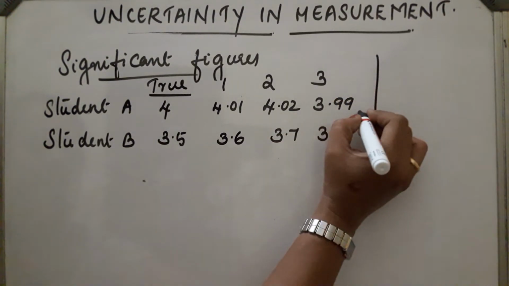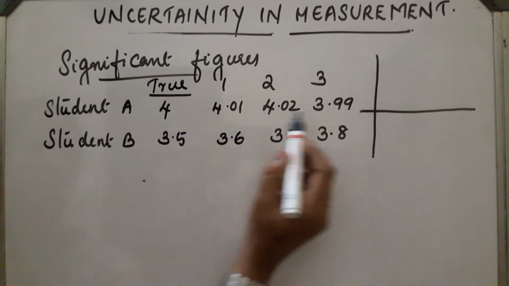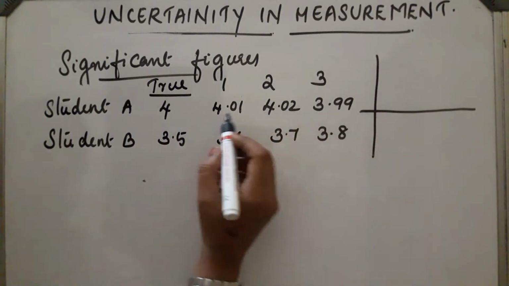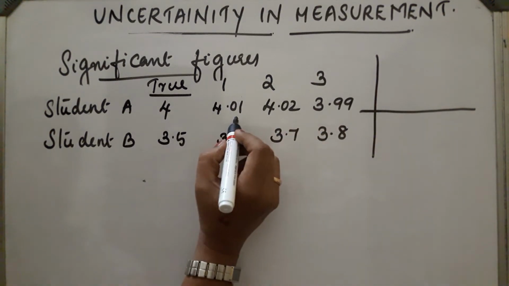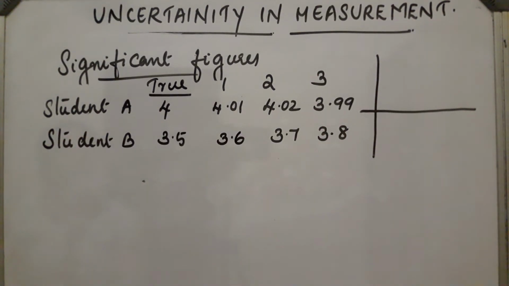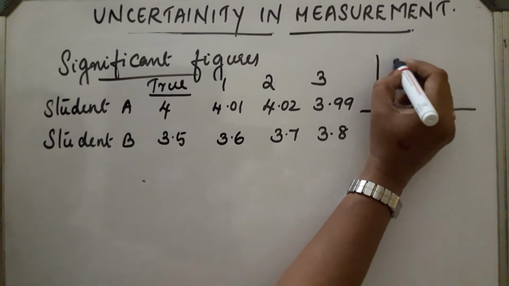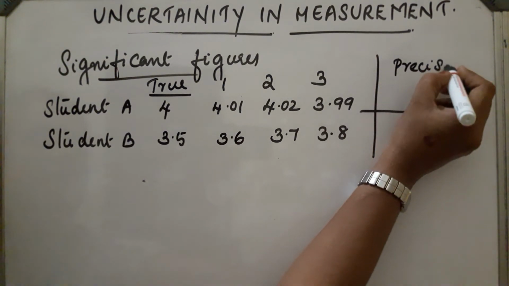Now we can easily explain whether these values are accurate or precise. First, we can see that all these three values are very close, only a 0.01 difference. The closeness of the measurements is called precision. So this value is precise.